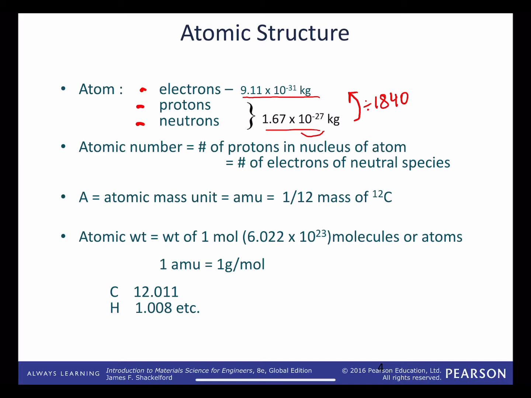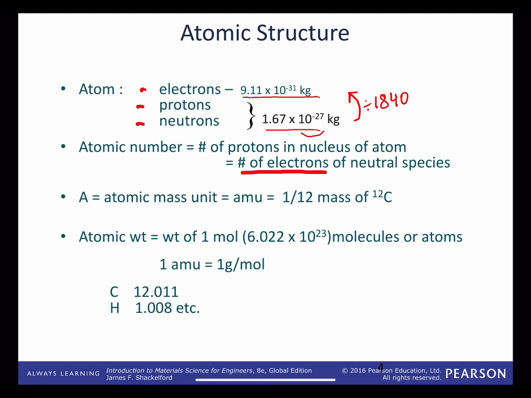Now, if carbon is in a neutral condition, that means the 6 positive protons have to be canceled by an equal number of electrons. So in this case, if the atom is neutral, we can also count the number of electrons. But do be careful. Make sure that you know that the atom is neutral if you're going to count the number of electrons to determine the atomic number.